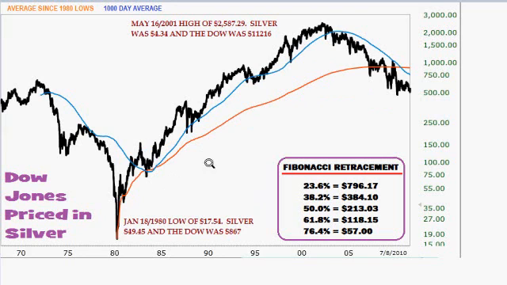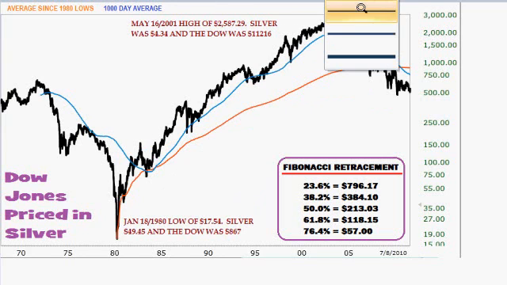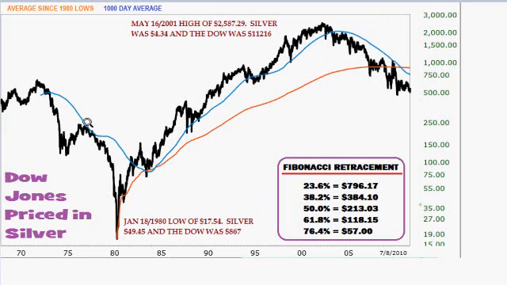And if we take a look at this 1,000-day moving average, which was a level of resistance in here, it got above the resistance level right in like 81, 82. Then it found support, support, support, support, support, resistance, resistance.